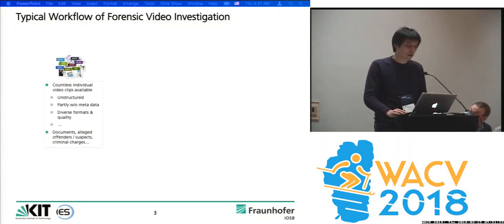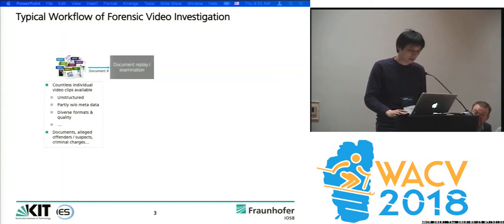So this is the typical workflow of normal forensic video investigation tasks, and we have as input a lot of image data. They are unstructured and partly without metadata, and they may also have different codecs, formats and qualities.